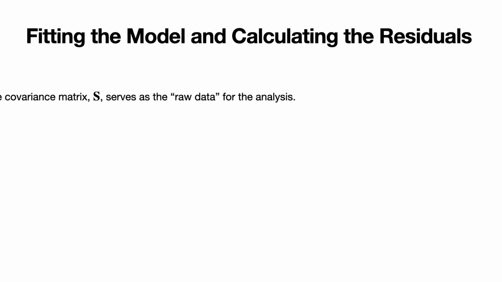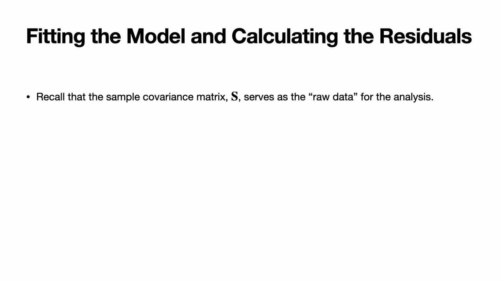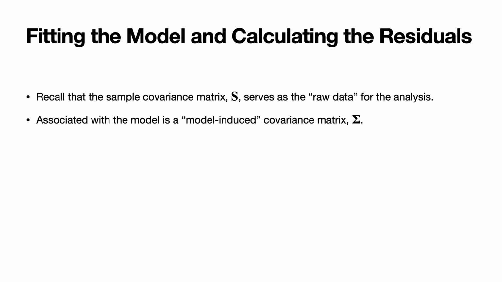So let's talk about residual analysis in the context of an SEM like this. Let's remind ourselves how we calculate residuals in the context of a structural regression model. Recall that the sample covariance matrix, S, serves as the raw data for the analysis. Associated with the model is what is called a model-induced covariance matrix, which we're denoting by sigma.